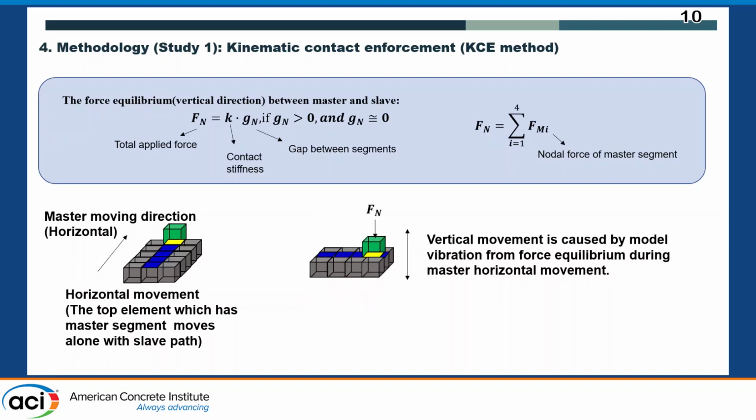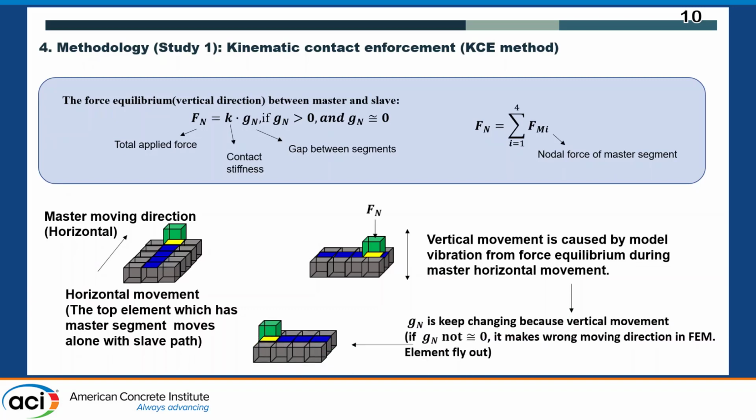Actually, it moves like this. Sometimes it is equal to 0, but sometimes it is less than 0. And we all know that is impossible in the real world. If we didn't solve that problem, we would get a simulation error, and our element would just fly out, with the wrong moving direction and wrong gap between the contact elements.